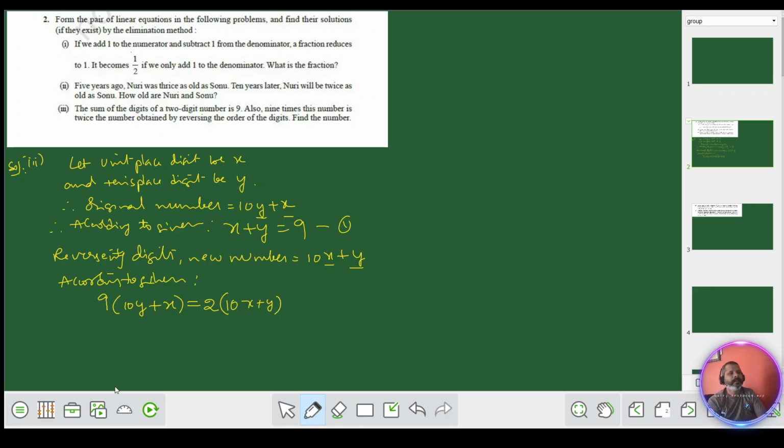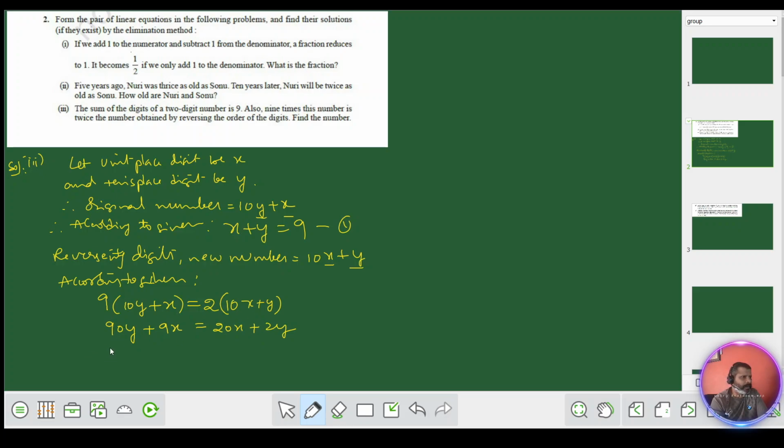If you simplify, you will get another equation. 9 into 10y is 90y plus 9x is equal to 2 into 10x is 20x plus 2 into y is 2y.